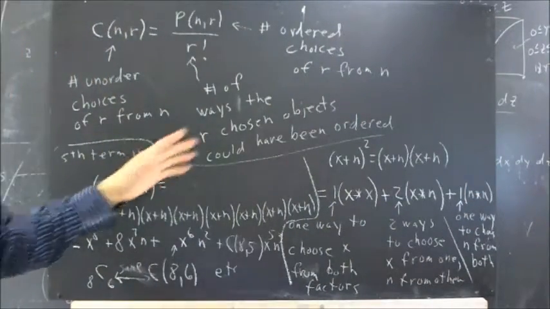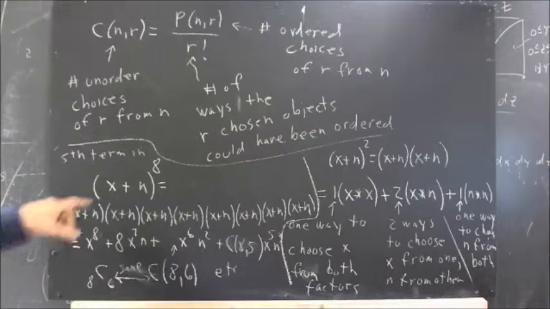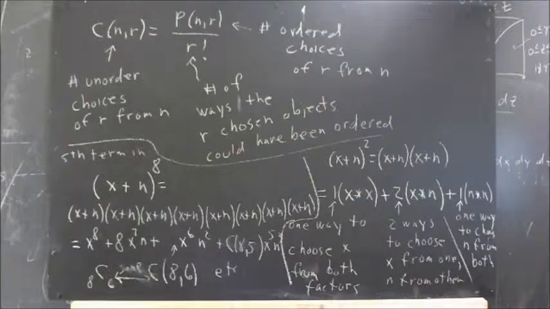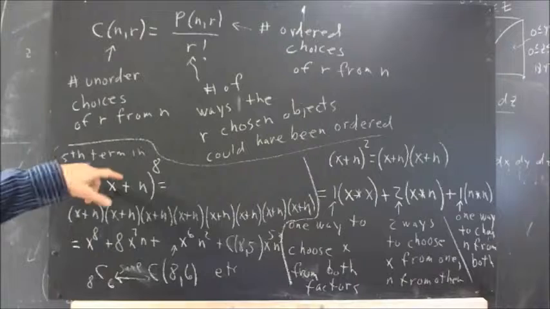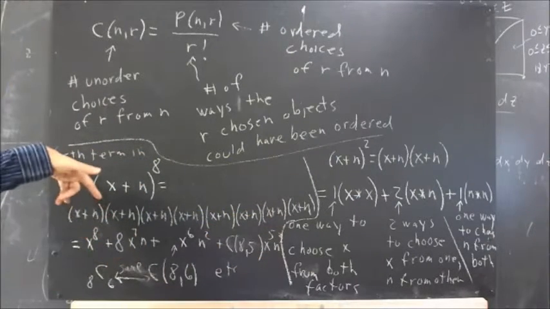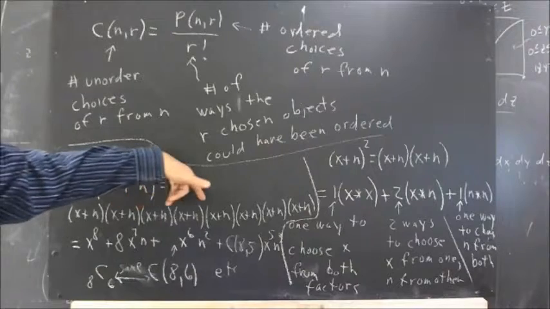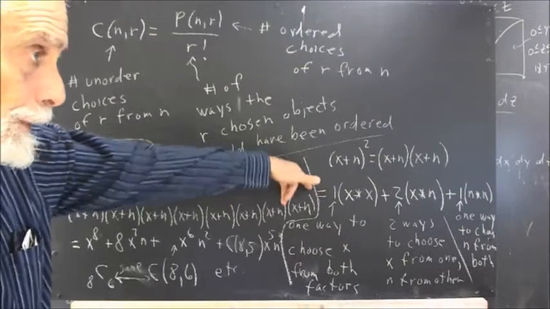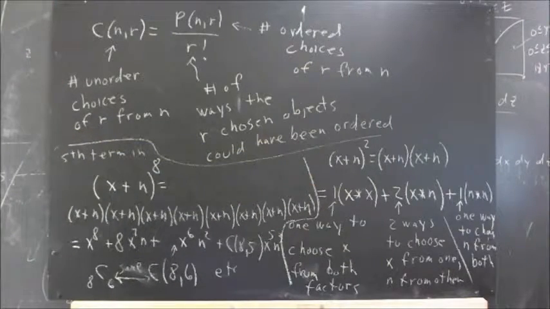Now let's use that reasoning to figure out (x + n)^8. This means the binomial x + n is multiplied by itself 8 times. How many ways can we get x to the 8th out of this?